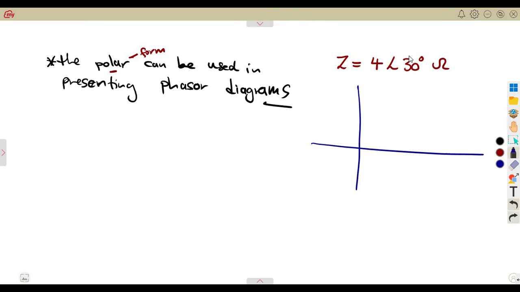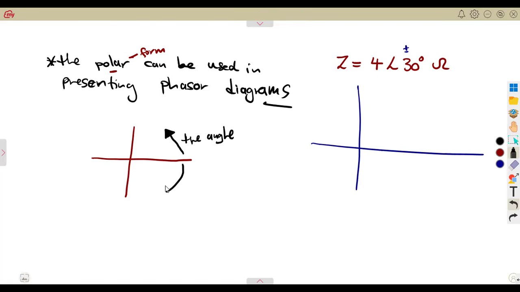So the angle here is going to be useful to say whether it is positive or negative. Remember, guys, from our mathematics, once we deal with an angle, the sign is important. You are going in this direction, which is the anti-clockwise direction. It means you are talking of the positive angles.